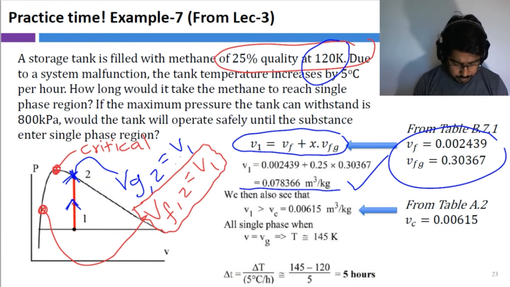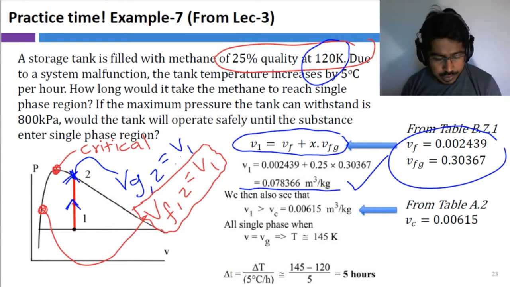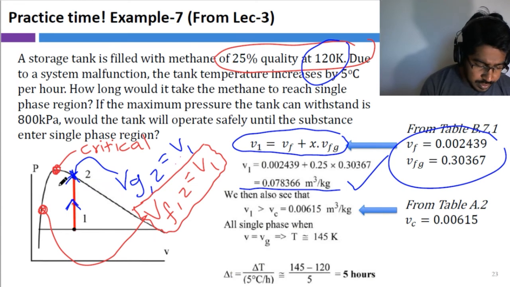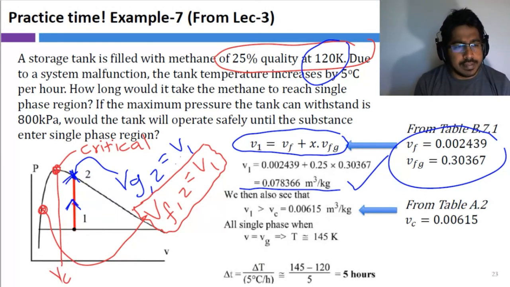Anybody having doubts? Okay, perfect. Now, in order for us to know which relationship to use, first we need to know whether our V1 is greater than V critical or less than V critical, right?